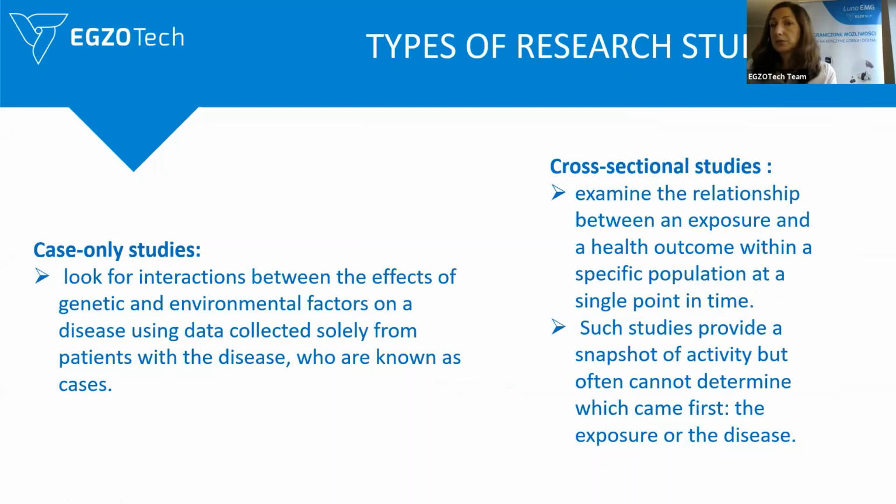And cross-sectional studies examine the relationship between an exposure and a health outcome within a specific population at a single point in time. Such studies provide a little snapshot of activity, but often cannot determine which came first, whether it was the exposure or the disease.